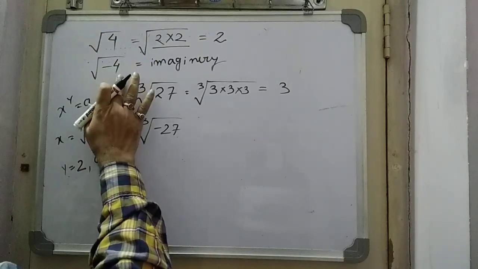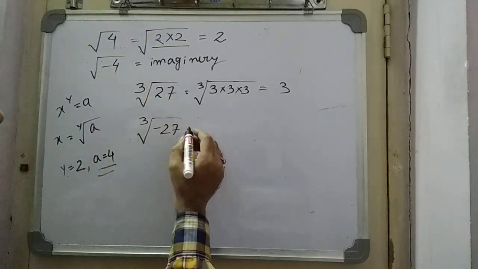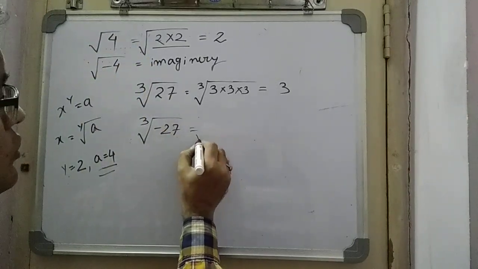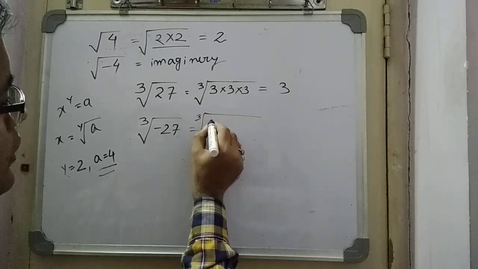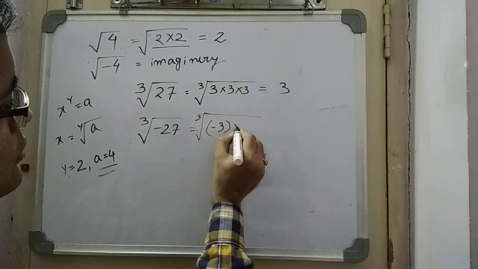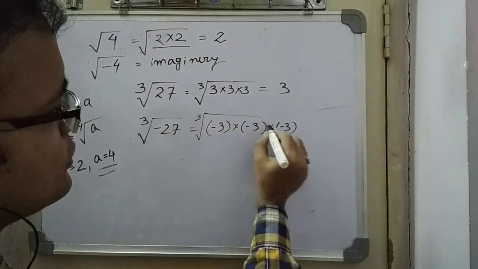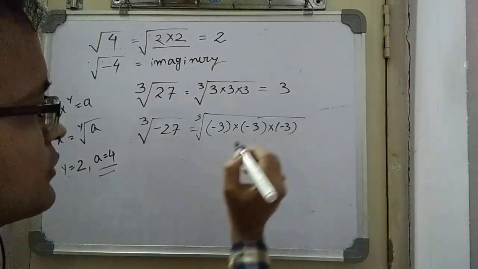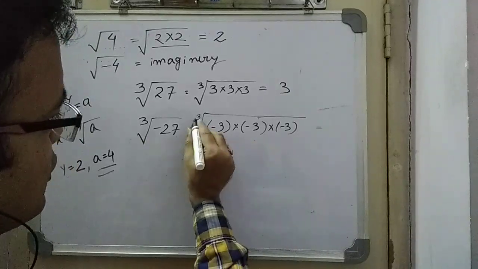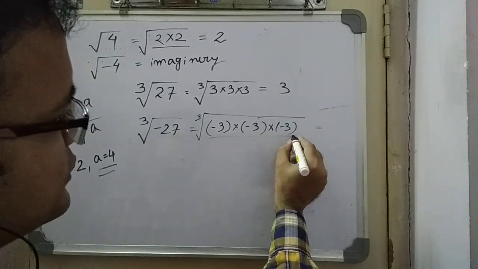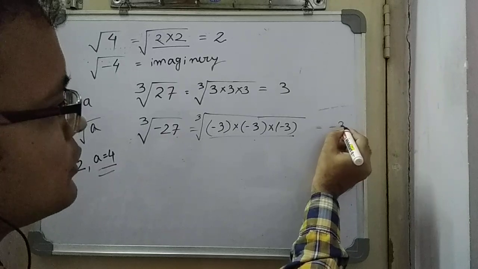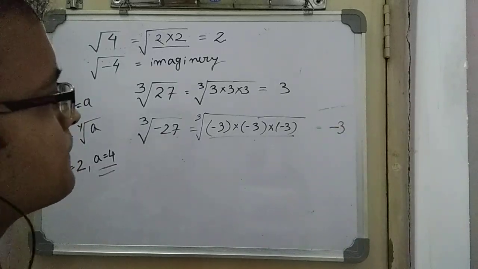Here also we are taking two scenarios, plus and minus. But the interesting thing is minus 27 is the result of multiplying minus 3 three times. So for the cube root, from these 3 factors we take 1 out, and that becomes the result.